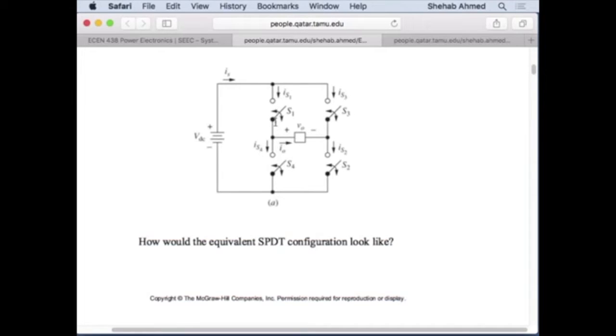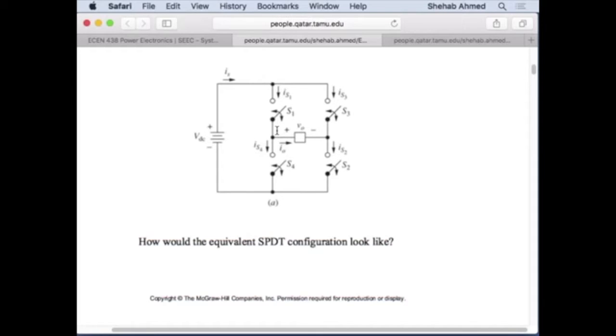The way I typically operate this is I operate S1 and S2, and then maybe S1 and S3 if I want to create some zero output. And then I turn on S4 and S3, right? So S1 and S4 are always complementary, and S3 and S2 are always complementary.